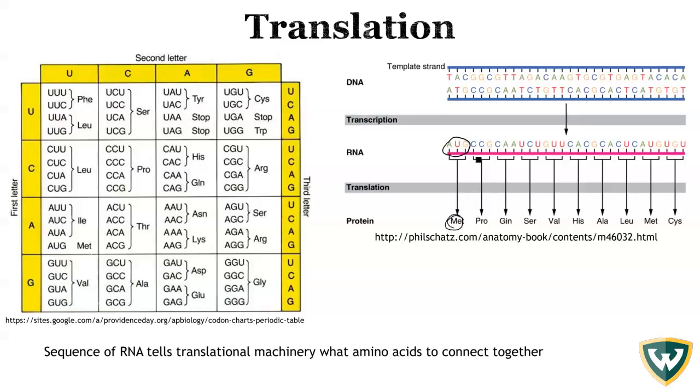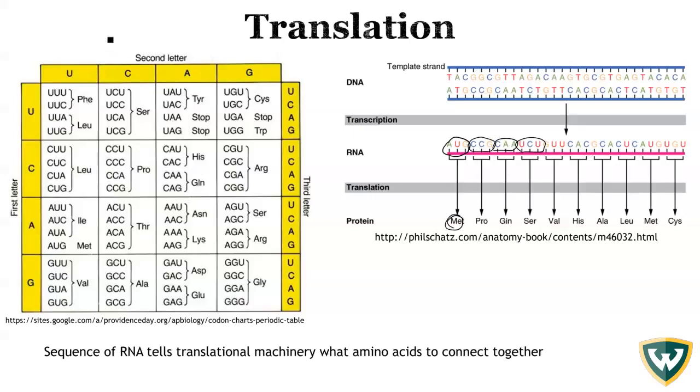That's a start codon, and it'll read those every three. And you can have what's considered a codon chart, where you know that if you have a UUU or a CUU on an RNA or an ACU, these code for certain amino acids that are added on to the polypeptide to eventually make a protein.